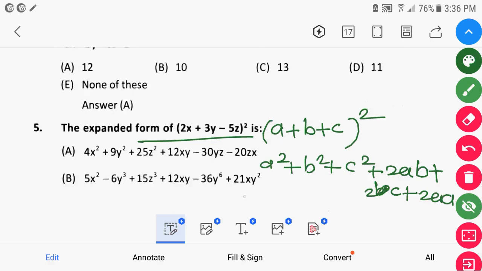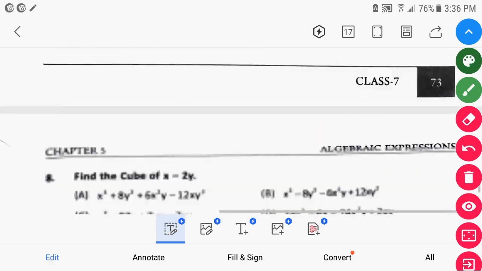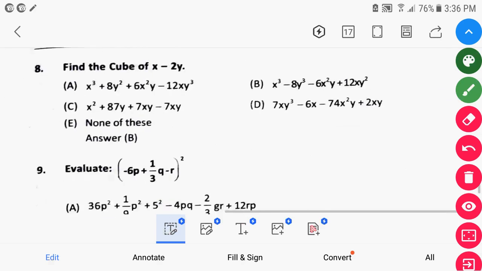So you just have to put the values here. A's value is 2x, B's value is 3y and C's value is minus 5z, and put the values and find the answer. So the answer is answer A, because it is a solved example, we are not solving it. Okay.